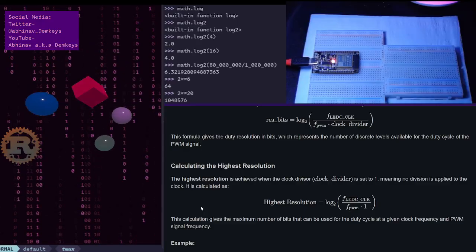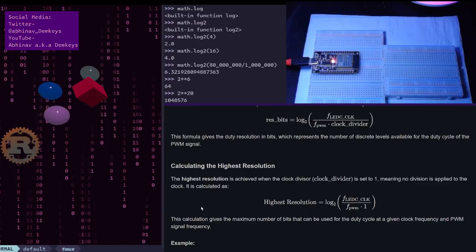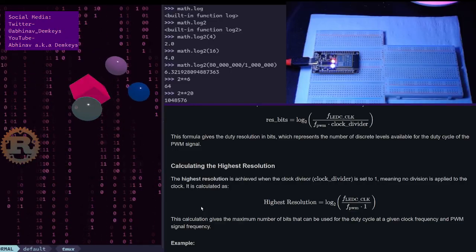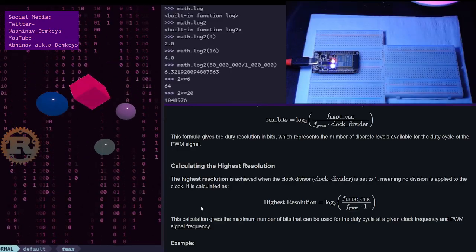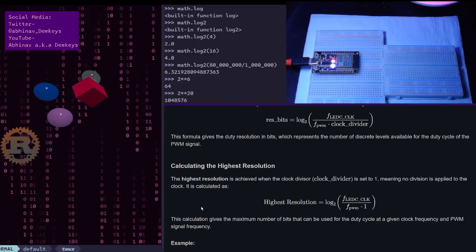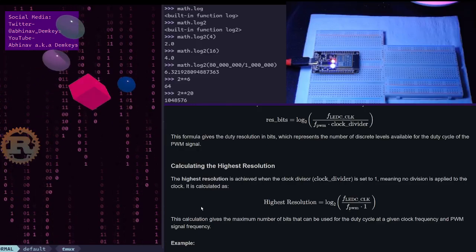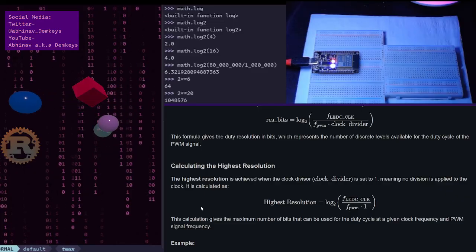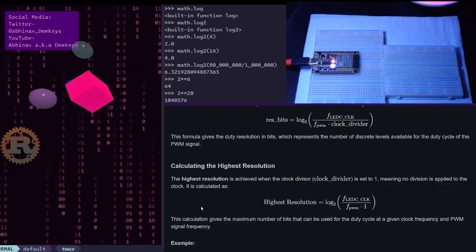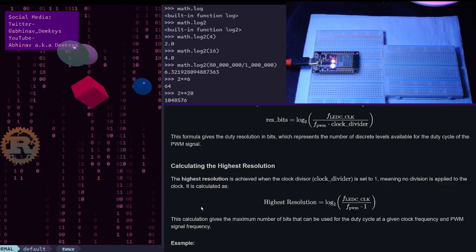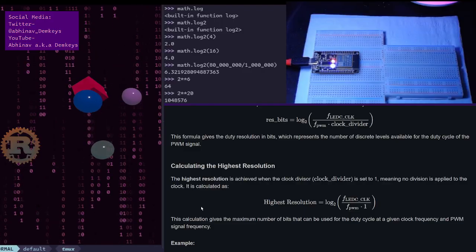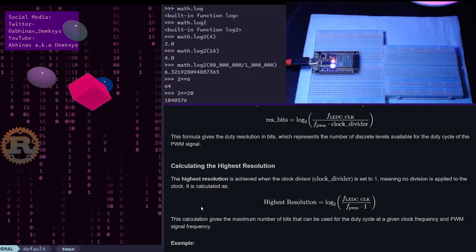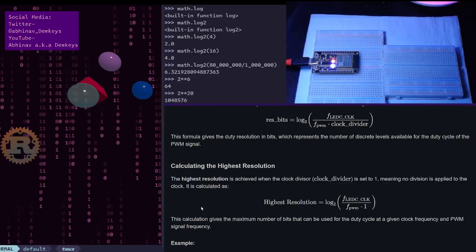This is not the total, this would be per duty cycle. That is extremely granular, very detailed, it's probably also going to be slow. I think there might be some issues there. The problem is I can't remember at this point.